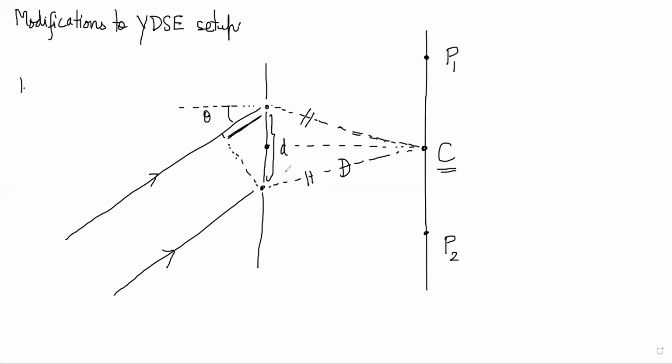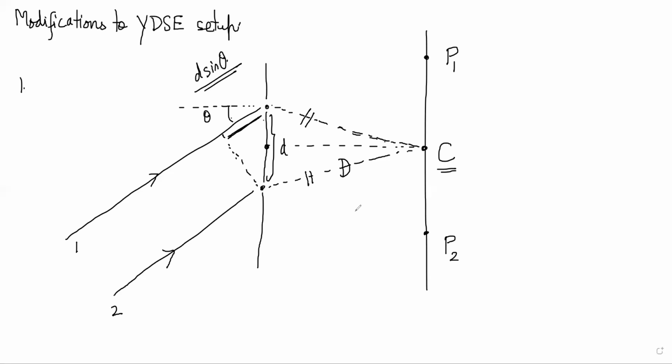So you will realize that total path difference would be this extra path that ray 1 traveled over ray 2. This is d, this is theta, this is 90 minus theta, this is theta. So d sine theta.